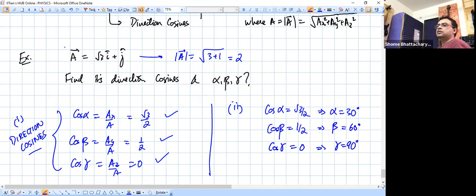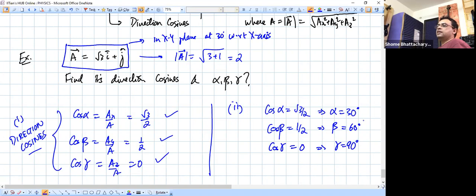It totally makes sense because this is a vector in the xy plane at 30 degrees with respect to the x-axis. So alpha should be 30, beta should be 90 minus 30 or 60, and gamma should be 90 because it is in the xy plane, so it should be perpendicular to the z-axis.